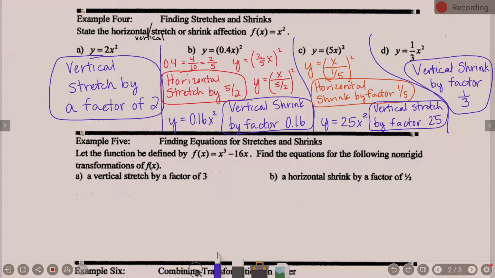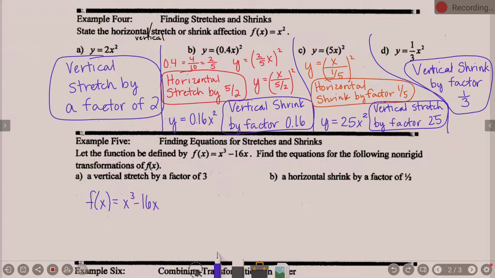What indicates a vertical stretch by a factor of 3? How do you do a vertical stretch? I'm going to just write out the original function as f of x equals x cubed minus 16x, right?